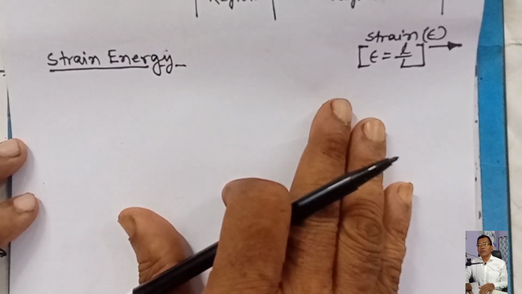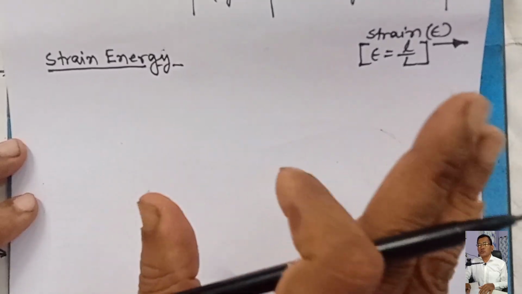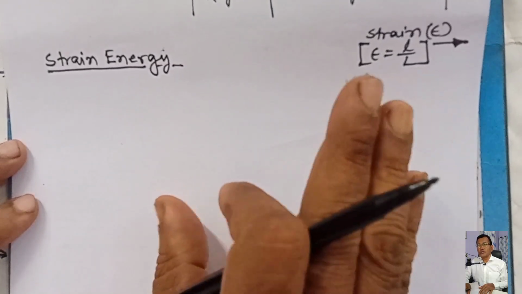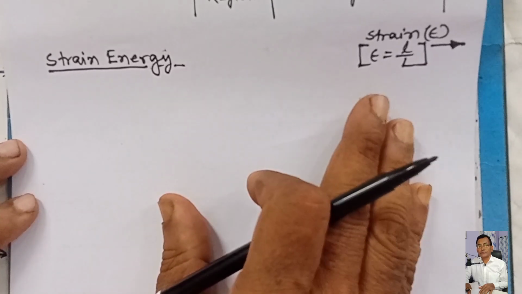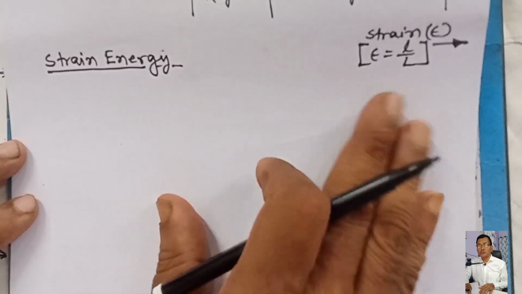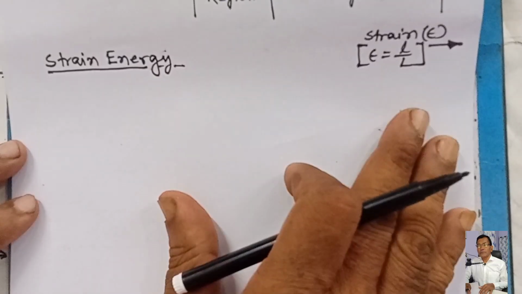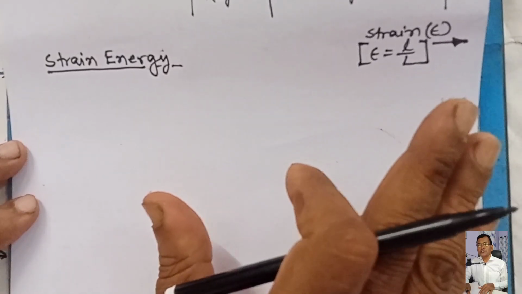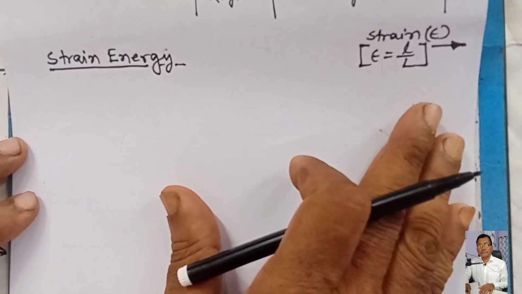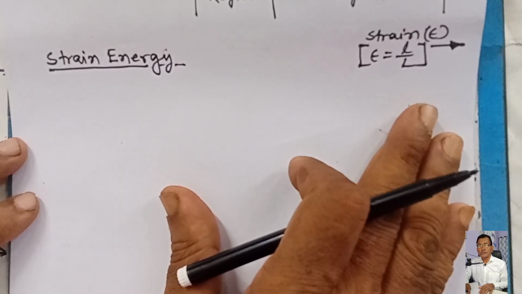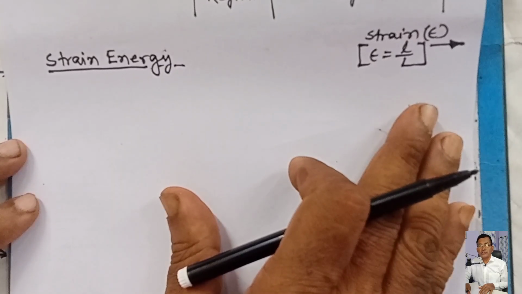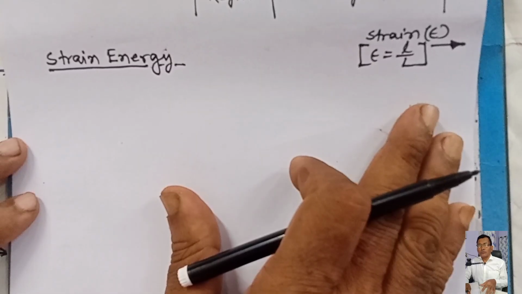The work done by the external force to deform the elastic body is equal to the strain energy stored within it. This energy is fully recoverable if the material remains within its elastic limit. Strain energy per unit volume is strain energy density.